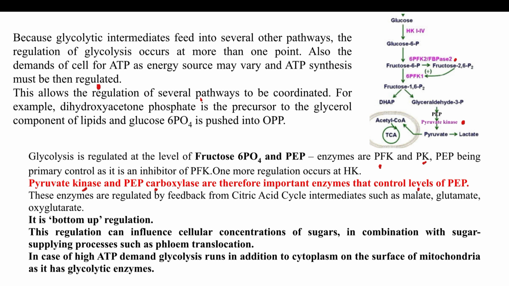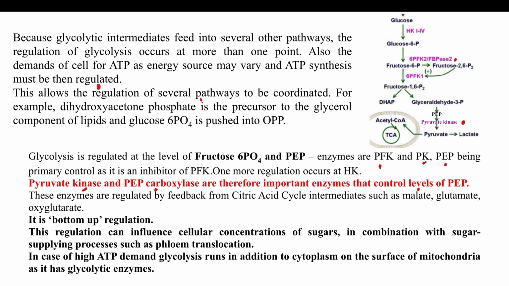So we will not allow the formation of a particular intermediate, and phosphofructokinase can be inhibited if need be. It may be activated if need be. So this is another step, and all these steps are irreversible.